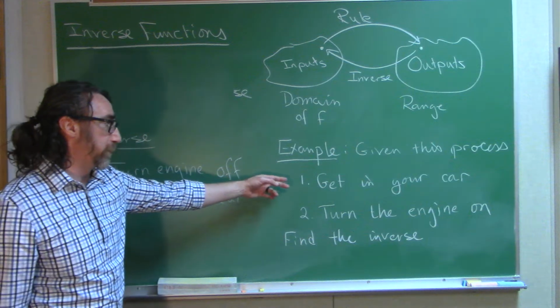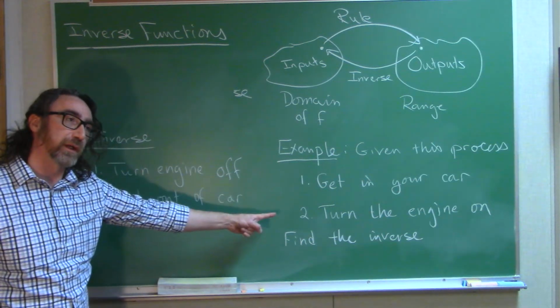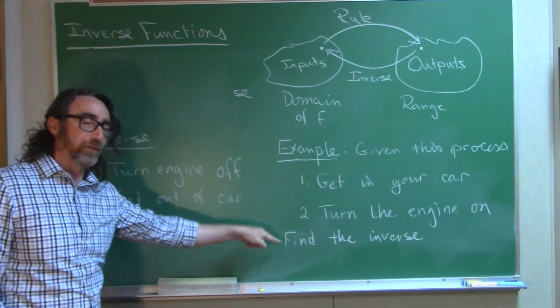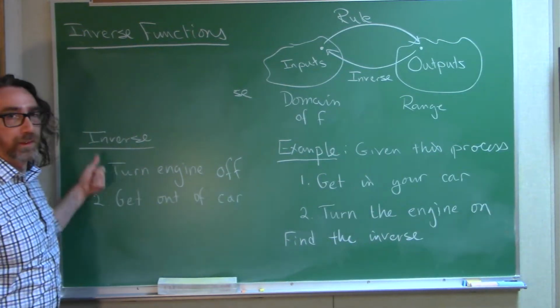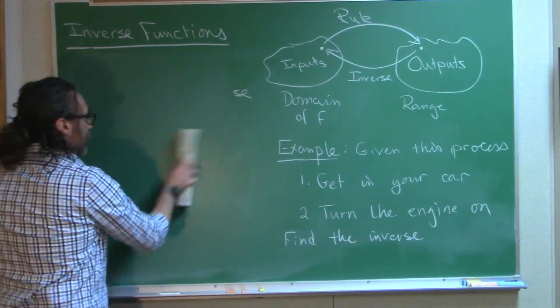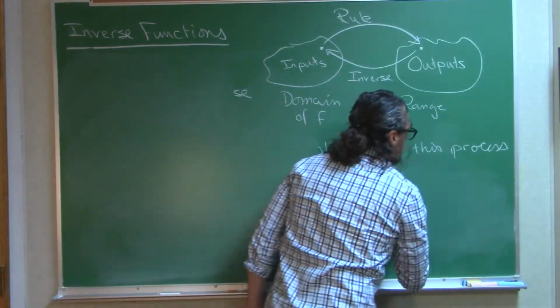So look at the steps you do in your process and then start undoing them backwards. The last thing you do is the first thing you undo, as we see right here. So let's look at an example or two where we have the formula for a function.